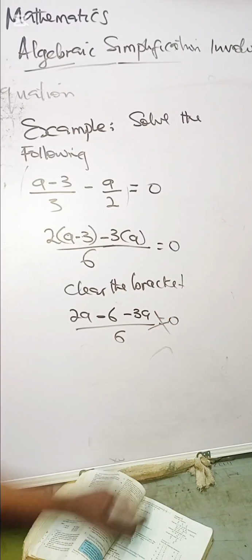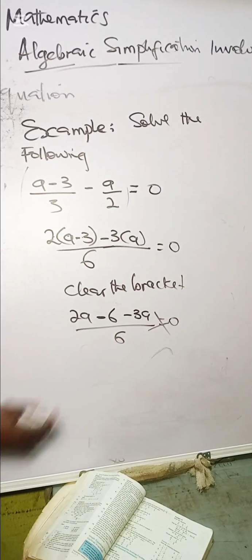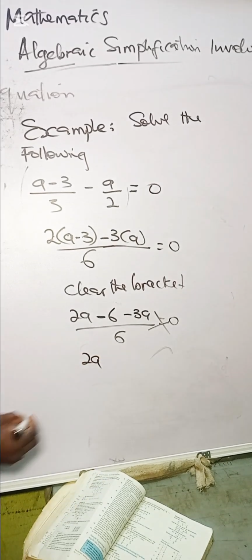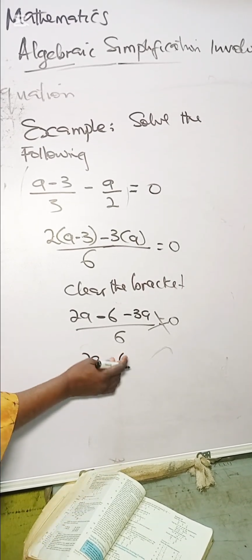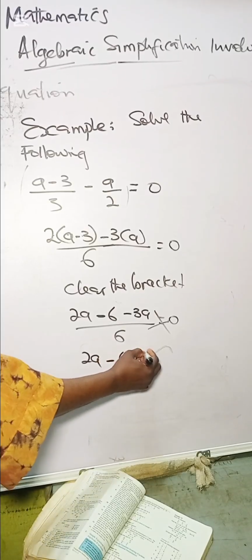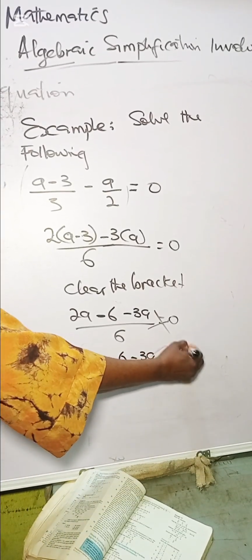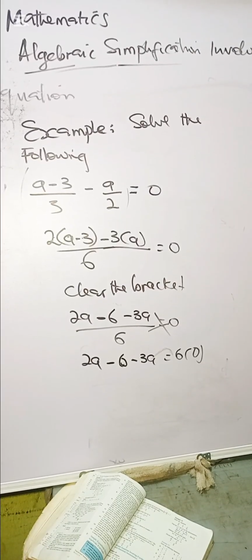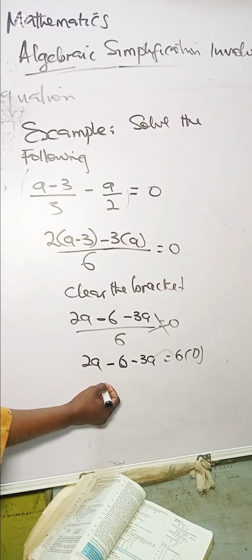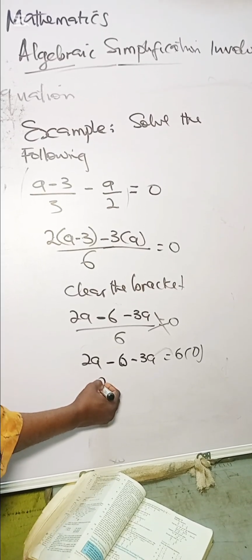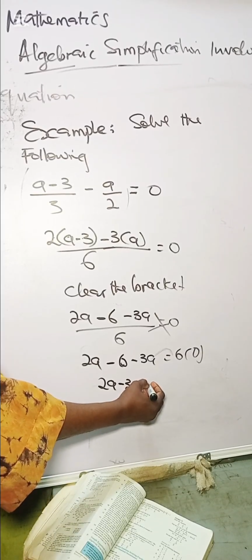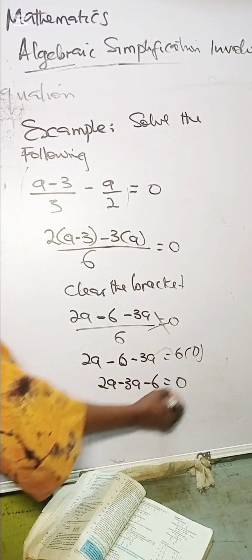I will now cross multiply. That this is multiplying this, okay? So I have 2a minus 6 minus 3a all equal to 6 multiplied by 0. Remember that anything that is multiplied by 0 is what? 0. Exactly.